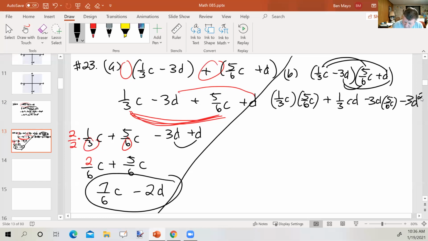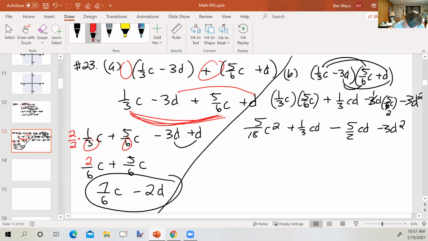That first one is going to be 5/18 c squared, plus 1/3 cd. Then I've got minus 3d times 5/6 c. The 3 and the 6 reduce to 1/2. So I've got minus 5/2 cd minus 3d squared. Any questions so far?